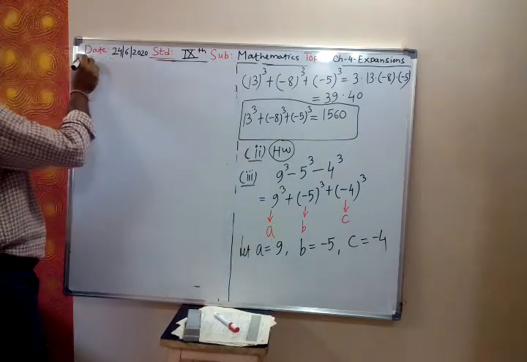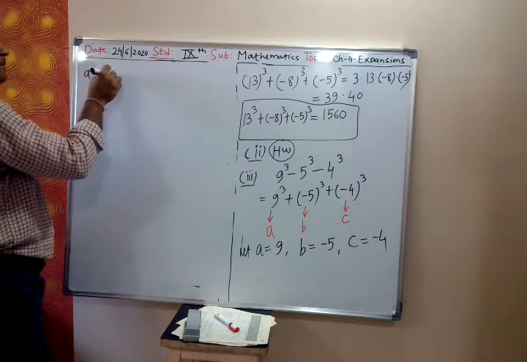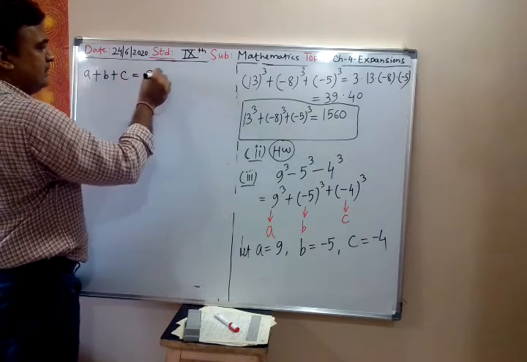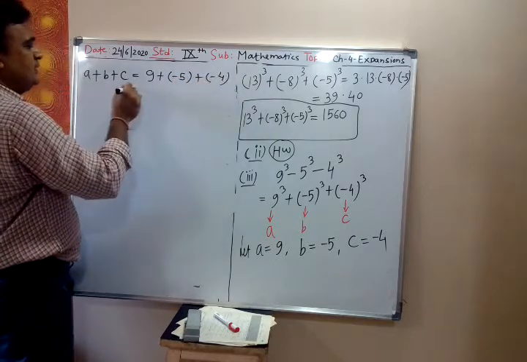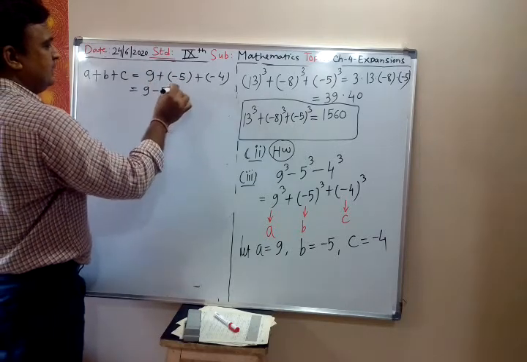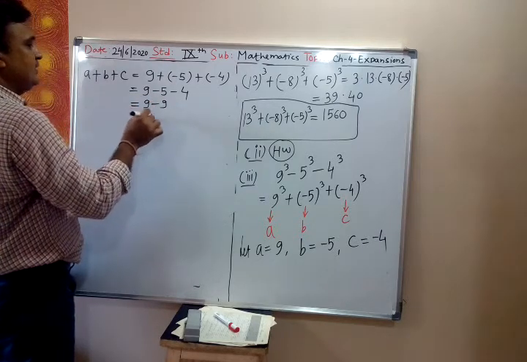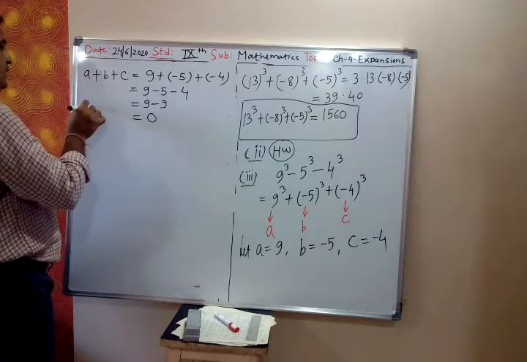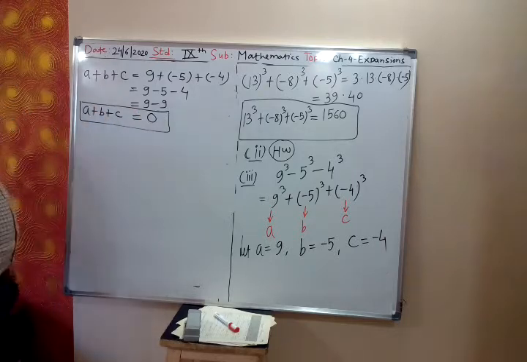So A plus B plus C is 9 plus minus 5 plus minus 4. So 9 minus 5 minus 4 is minus 9. 9 minus 9 is 0. So we get that A plus B plus C is 0.